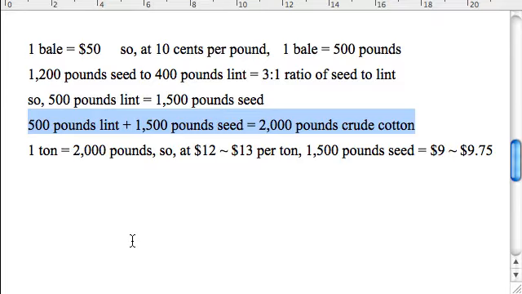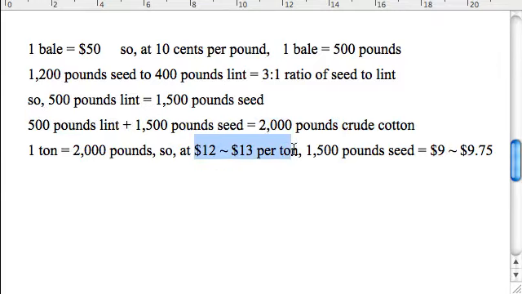That also works out, incidentally, to a ton, but we're not going to talk about tons. We're only going to talk about pounds, and we're not going to talk about cents. We're only going to talk about dollars. Now, we know that at $12 to $13 per ton, which is 2,000 pounds, our 1,500 pounds of seed will be worth between $9 and $9.75.